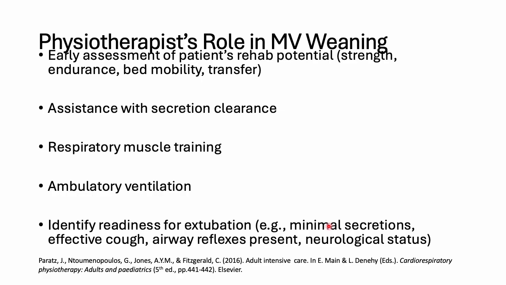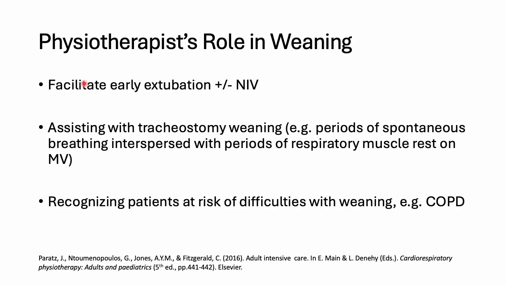Okay, and also the assessment of neurological status, which the team will do. You will also do your GCS or your neurological state assessment while you are assessing the patient at every patient encounter, but the team will also do that as well. Okay, so as I said, in some settings, you might be the one initiating non-invasive ventilation, so this might happen. You may also be part of the tracheostomy team, so you may also be helping with tracheostomy weaning as well.